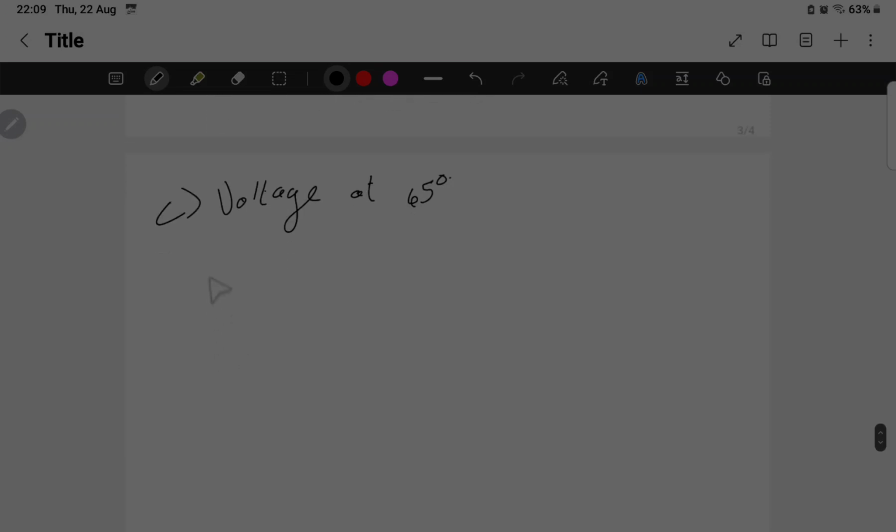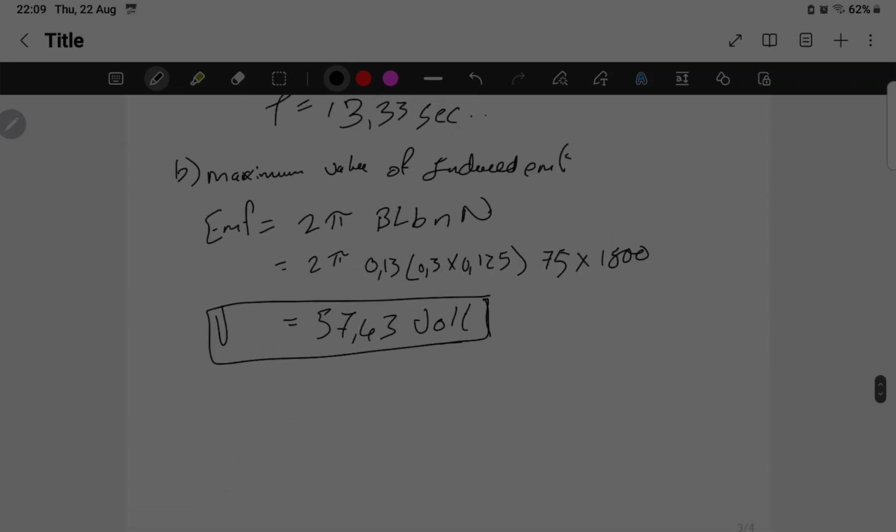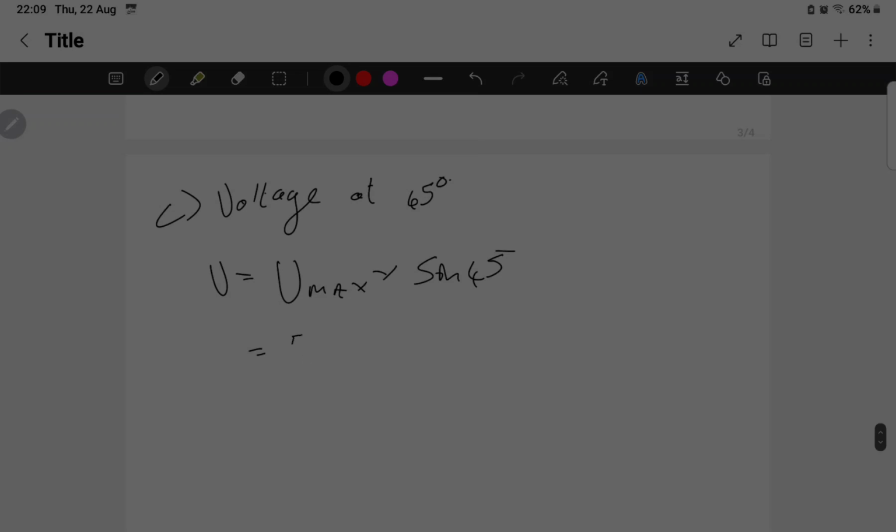So the voltage at 45 is equal to the V max multiplied by sine 45, and our V max is 57,43 multiplied by sine 45, and we have an answer of 40,06 volts.